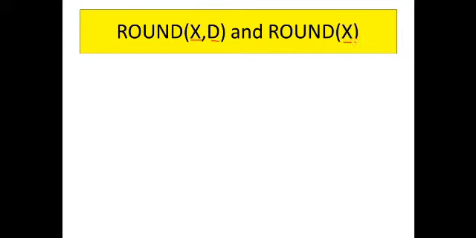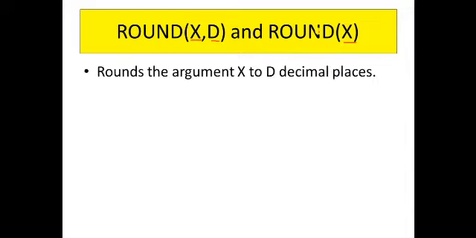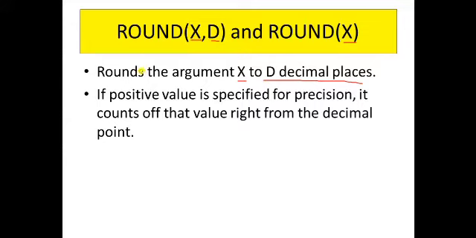When we proceed with the round function, we'll see the difference between these two formats: what will happen if it takes two values as parameters, and what will happen if it takes one value as a parameter. The round function rounds off the argument x to d decimal places. So x is the number, which is a decimal number, and d is the number of decimal places which will be left after rounding off.